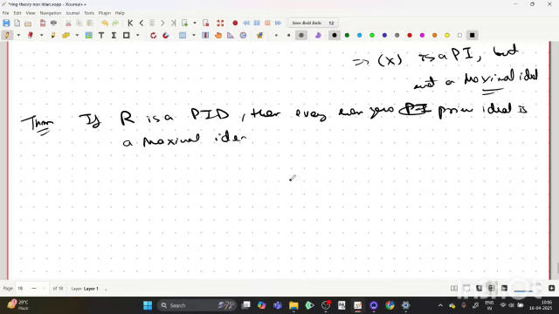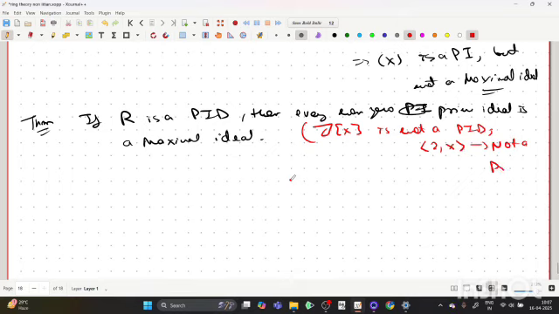And observe that we had proved previously that Z[x] is not a principal ideal domain, because we had proved that the ideal generated by 2 and x was not a principal ideal, but it is obviously an ideal of Z[x], right? Got my point?